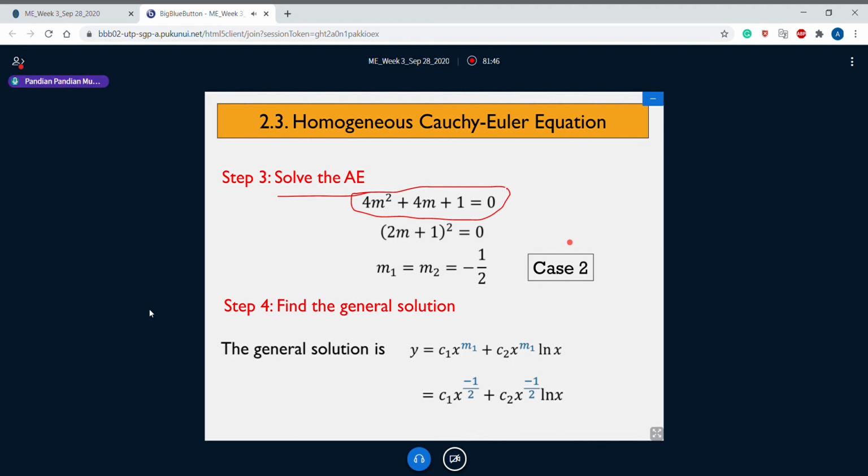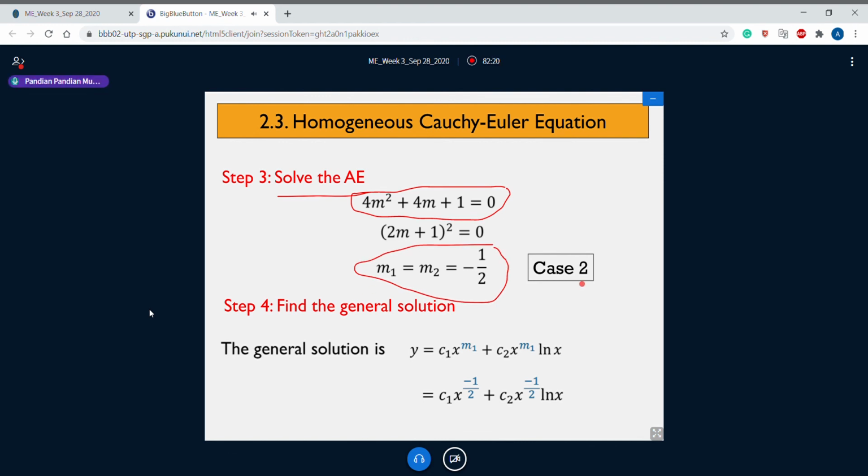So you have m1 and m2. 2m plus 1 equals 0, therefore m1 is minus half. And another 2m plus 1 also equals 0, so m2 is minus half. So in this case, your m1 is minus half, your m2 is also minus half. So this is what we call repeated roots.